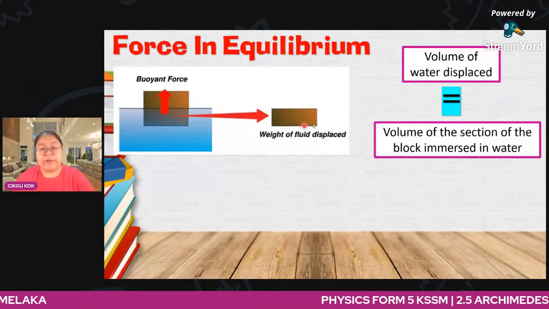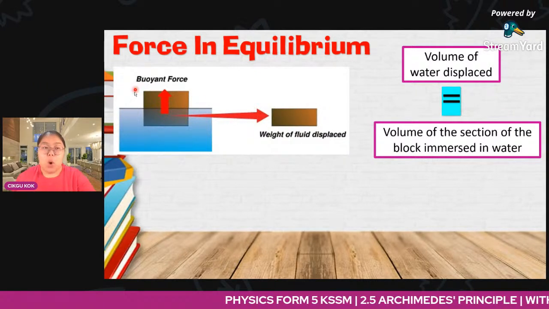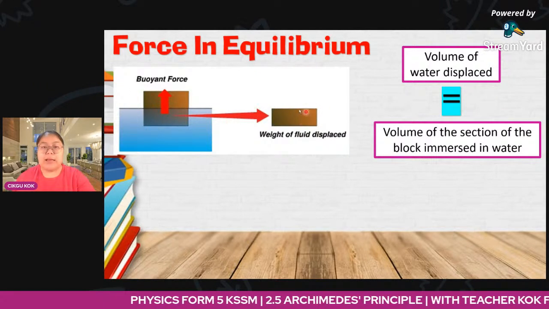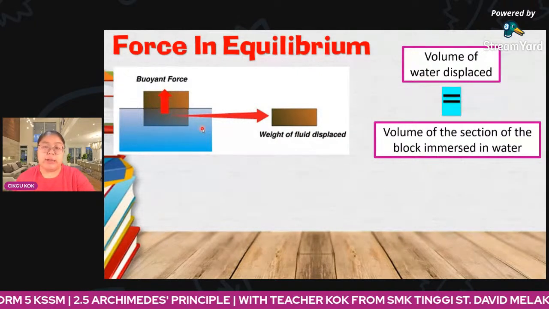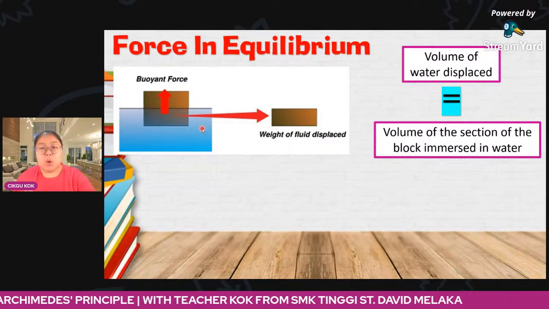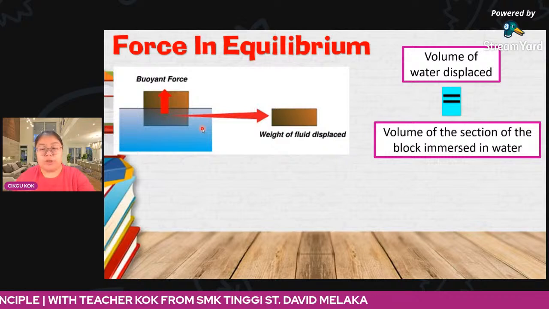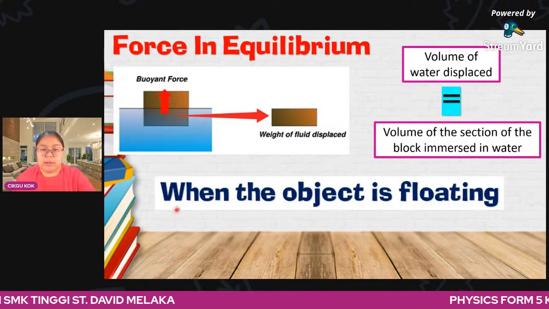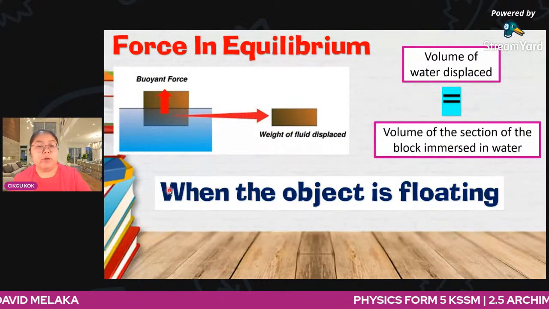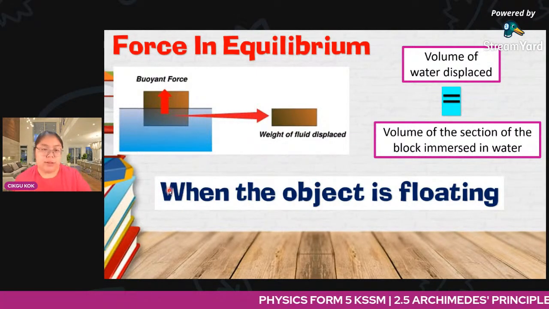This is V_L. The whole thing is V_O, but V_L equals only the part that is submerged, the volume of the object immersed in the liquid. This is also the situation when the object is floating.